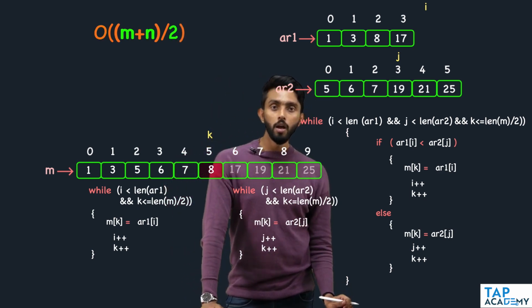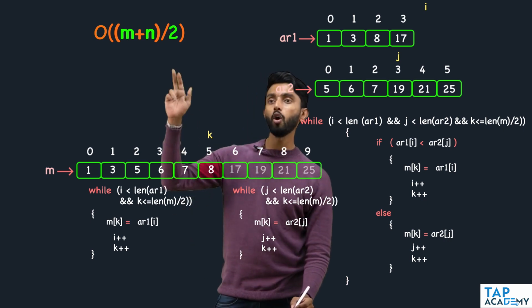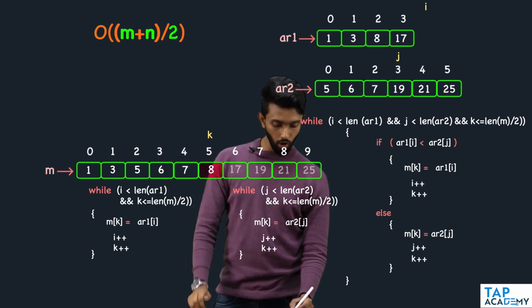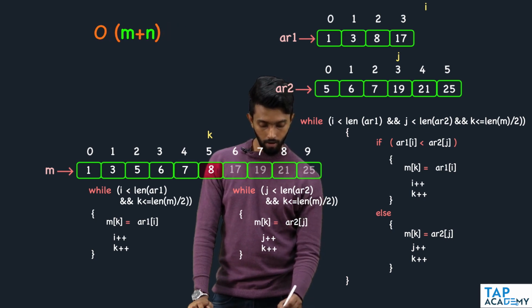But the sad part here is, in time complexity analysis, constants don't matter. If constants don't matter, then this 2 is gone. Again, you are back to m plus n only.